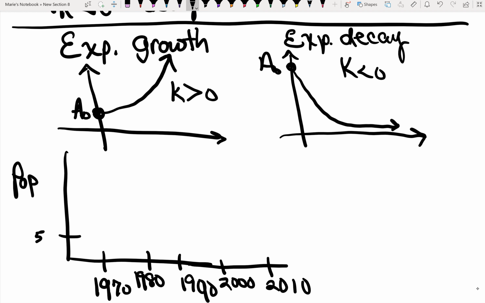So this would be 50, and then you have 100. This would be 150, and then this would be 200. You have 250, and then 300, and then the last 350. This is population in millions. So when I say 50, I mean 50 million. Okay, keep that in mind.